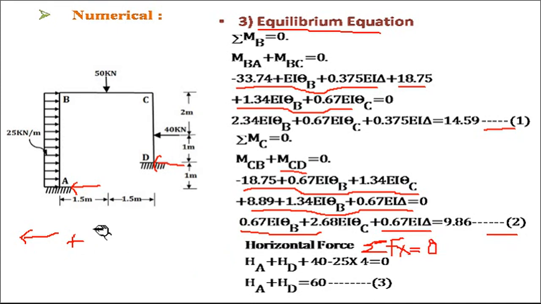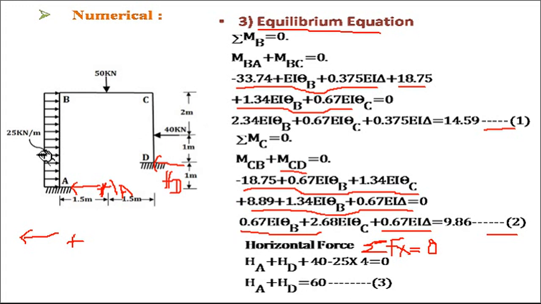Applying summation of Fx equal to 0, this is HA and this is HD. Both these forces are acting toward the left, so plus HA plus HD. The 40 kilonewton load is acting towards the left, so plus.